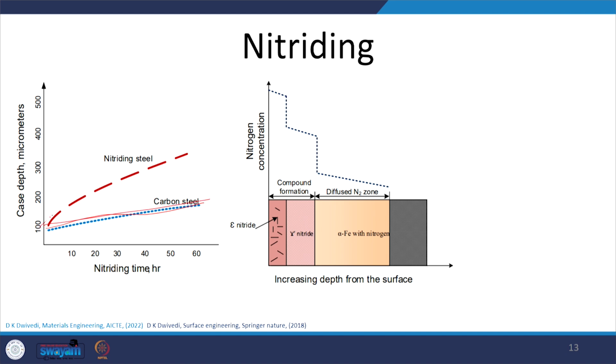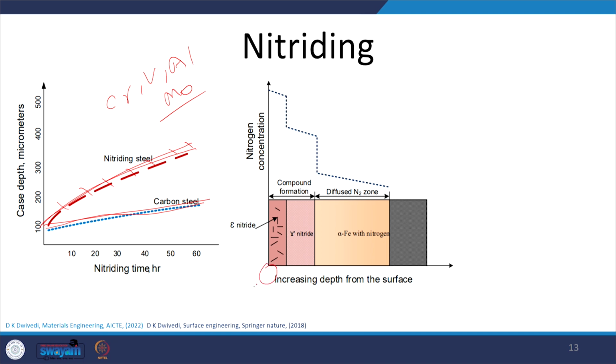But when we have nitriding steel having the desired chromium, vanadium, aluminum, and molybdenum alloying elements, then they form very hard, stable nitrides which are good for enhancing the surface properties and the hardness. That is why we get very good and effective results when the steel has certain strong nitride forming elements. This is what happens when the nitrogen concentration is enhanced.